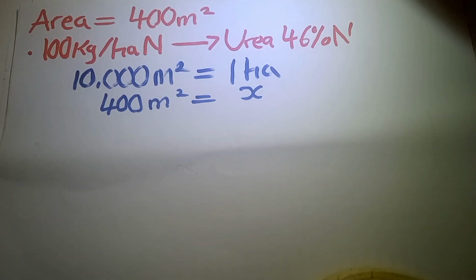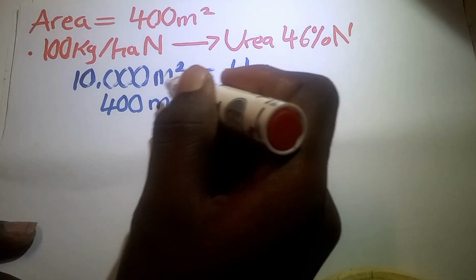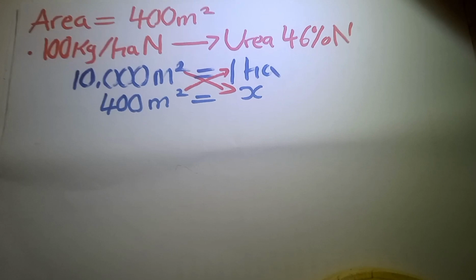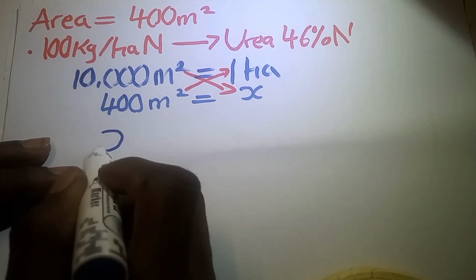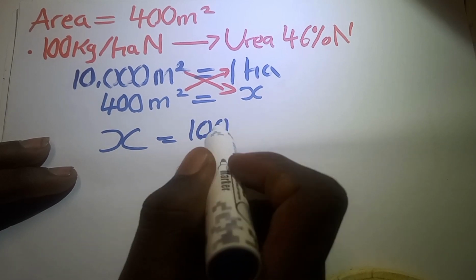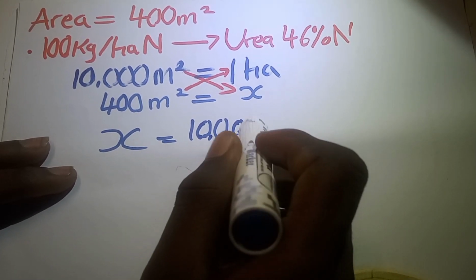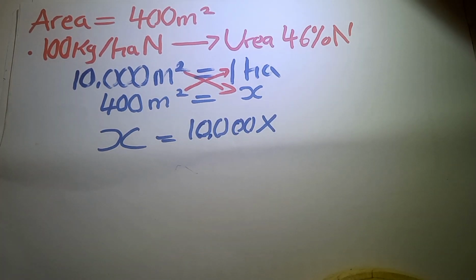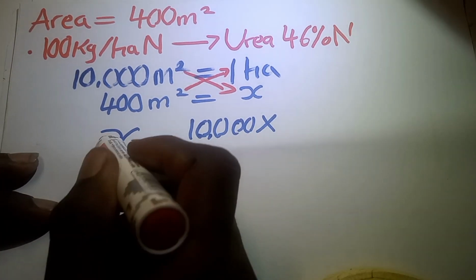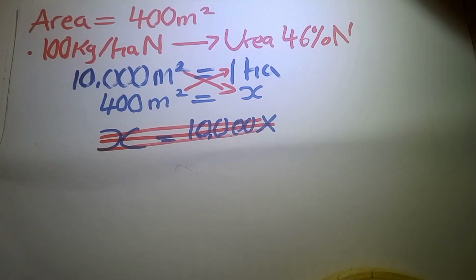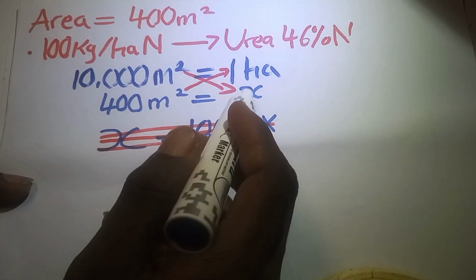The next thing to do is to cross multiply. I made a mistake there. If you cross multiply, this goes to meet this, and this goes to meet this.